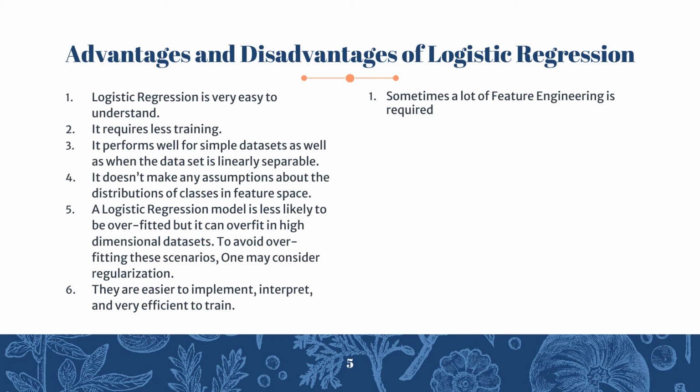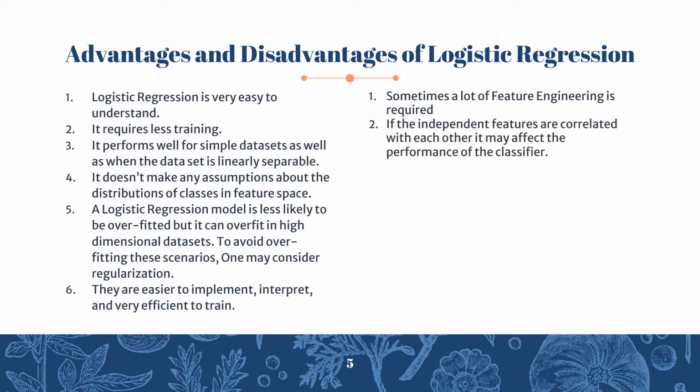Sometimes a lot of feature engineering is required. A lot of transformation of variables are required before applying logistic regression. If the independent features are correlated with each other, it may affect the performance of the classifier. That is, if there is multicollinearity, our results will not be appropriate. It's quite sensitive to noise and overfitting.